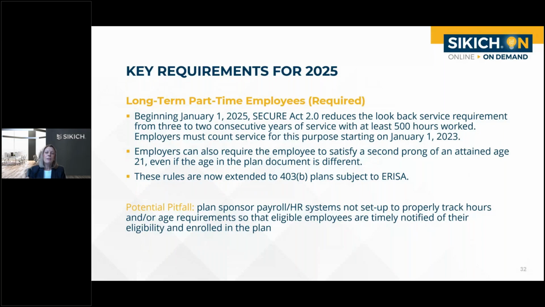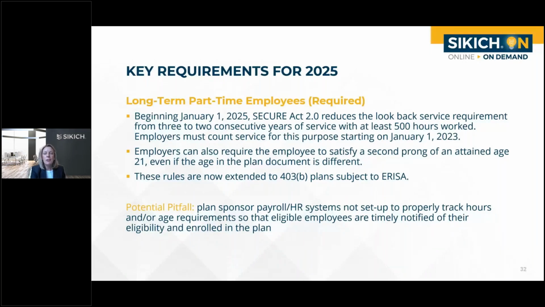Now leaning into those potential pitfalls. This is what I want to highlight, because I think this is where we're not having enough conversation. Yes, the TPA and the advisors have a responsibility for helping plan sponsors ensure that the plan documents are updated and that the recordkeeping systems are properly updated to account for these provisions.